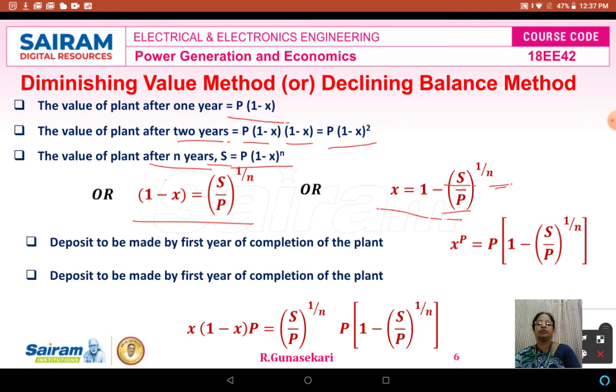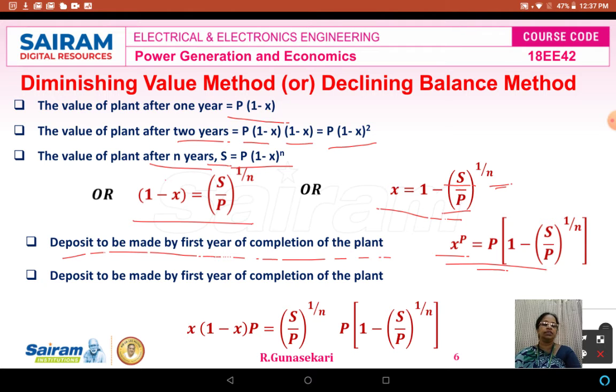By using this formula, we can calculate the value of the power plant after 1 year, 2 years, 3 years, up to n years. First, the deposit to be made by the first year of the completion of the power plant is calculated as x into P, that is P into 1 minus (S divided by P) to the power 1 by n.